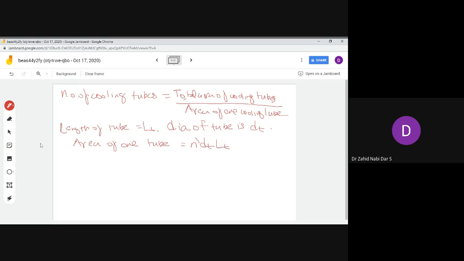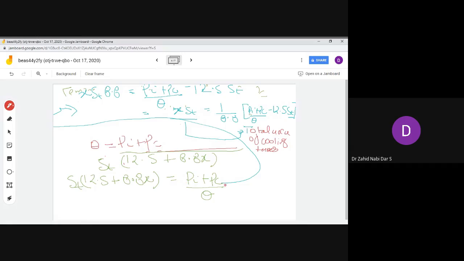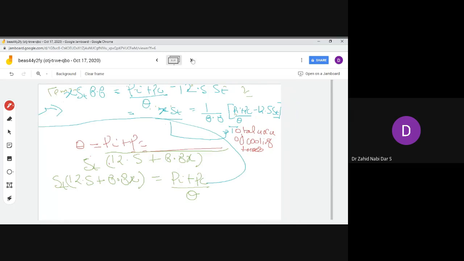So now the number of cooling tubes n, you can write from the previous formula. Here you got the total area of the cooling tubes. x times st is the total area of cooling tubes.